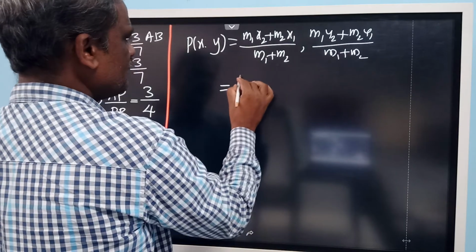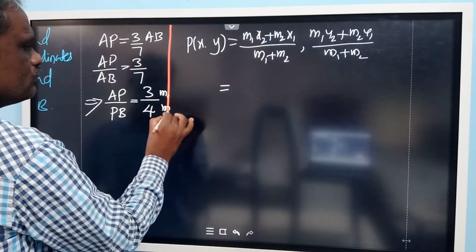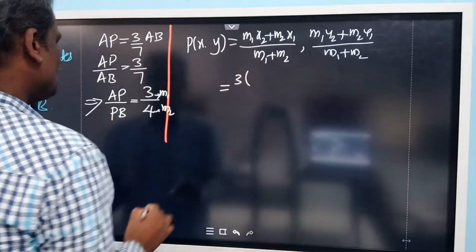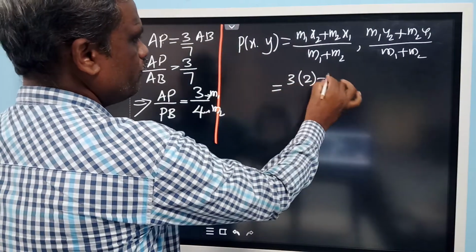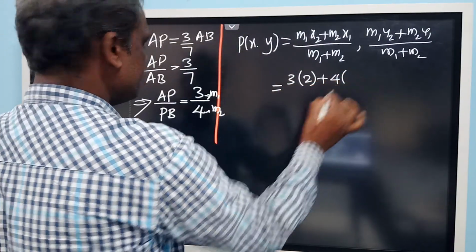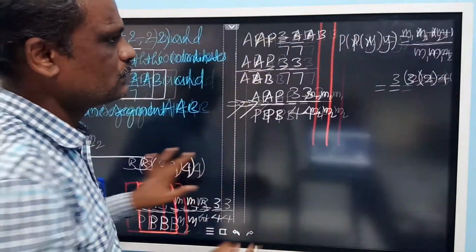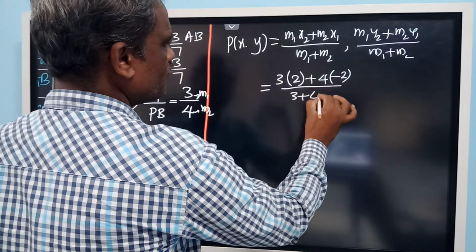So substitute here. See, m1 by m2. This is m1, this is m2. 3 x2. x2 here, this one, 2, plus m2 here, 4, x1. x1 here, minus 2. It is minus 2 divided by 3 plus 4.